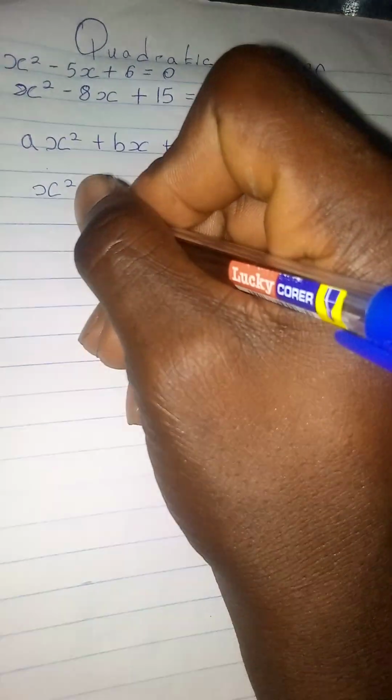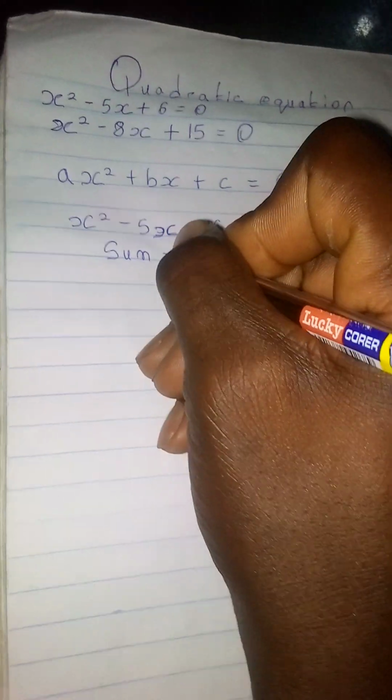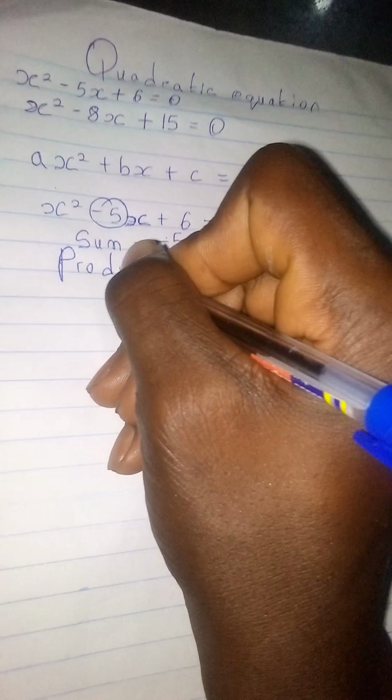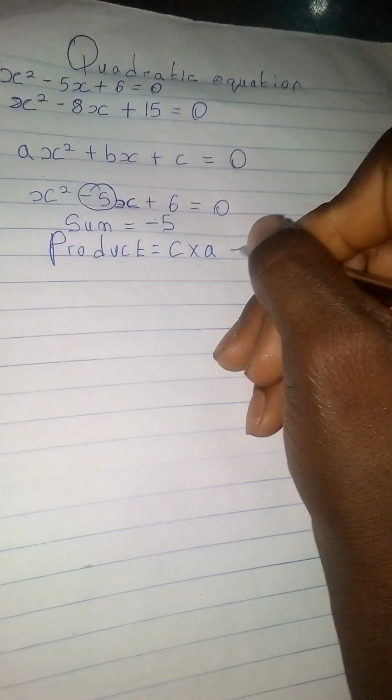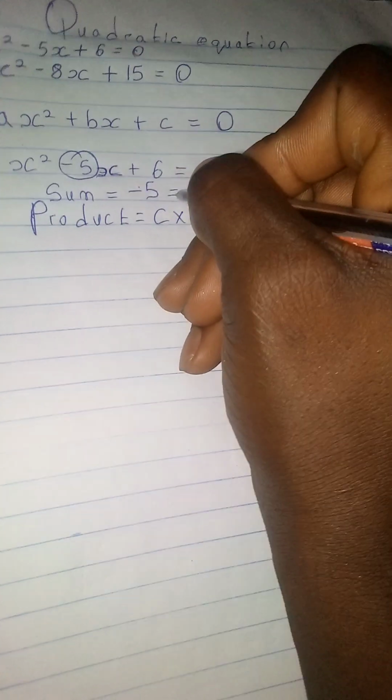The sum is equal to b, which is minus 5. Then the product is equal to c times a, which is 6 times 1, is equal to 6.